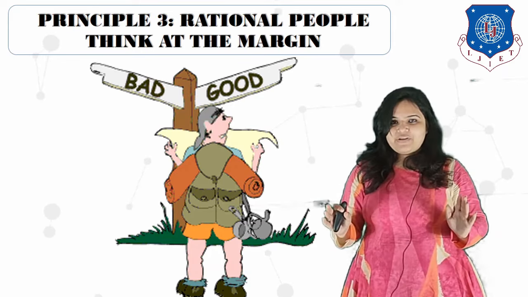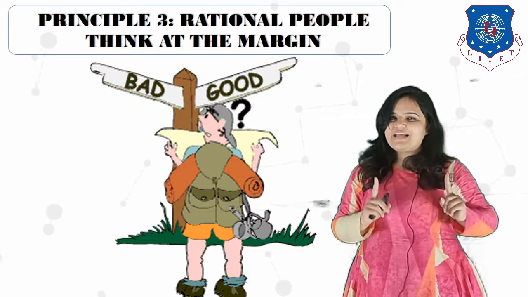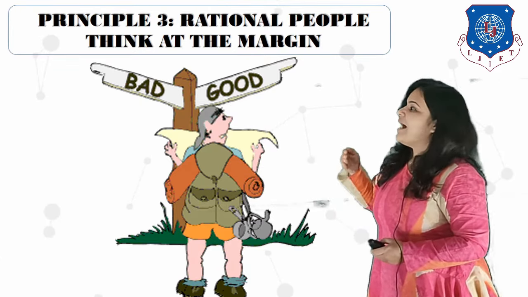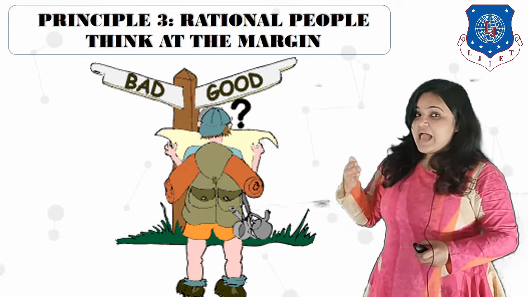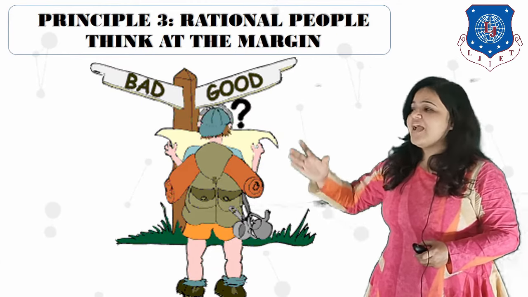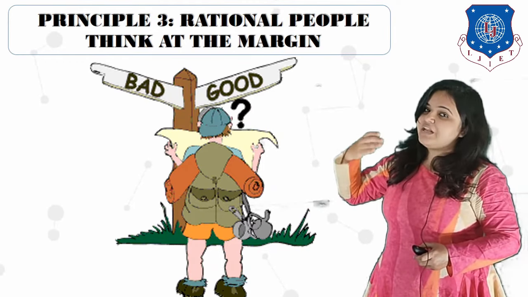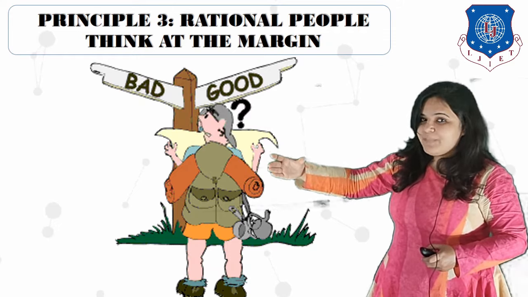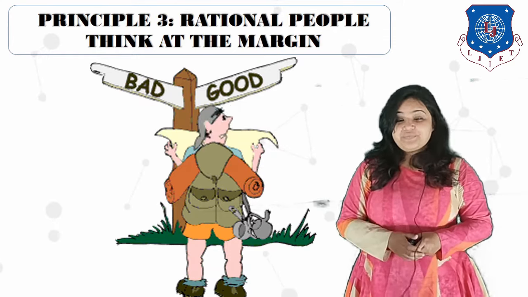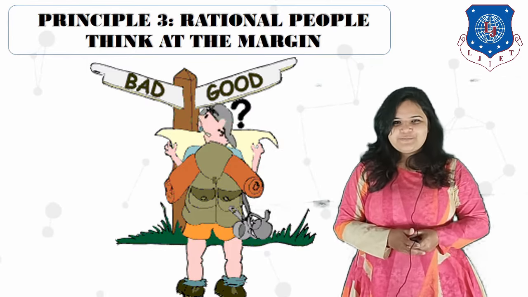I'll not think about everything. I'll just think about the cost and benefit of hiring that one extra person. At what cost I am hiring this extra person, and how much extra money will he earn for me? If that extra money increases the income more than the cost I have to pay him, then I'll hire him. As simple as that. We tend to think at margin. This is what the 3rd principle says.